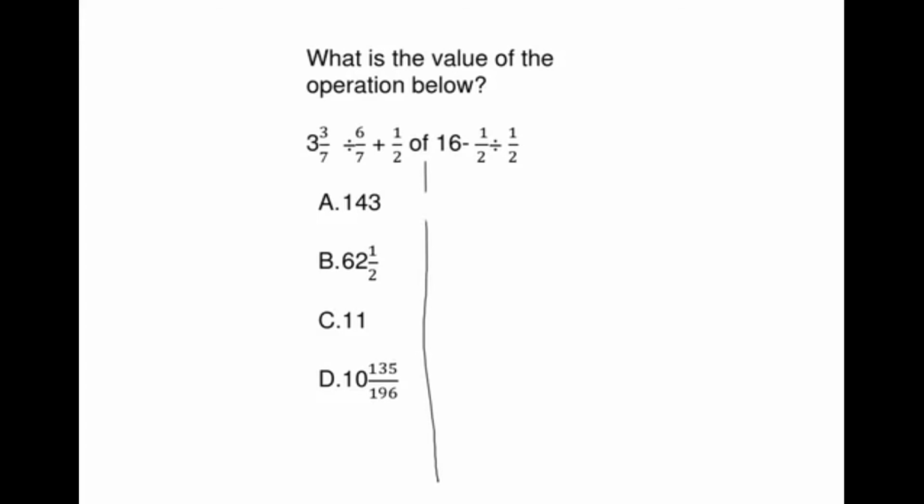What is the value of the operation below? 3 and 3 over 7 divided by 6 over 7 plus a half of 16 minus a half divided by a half.